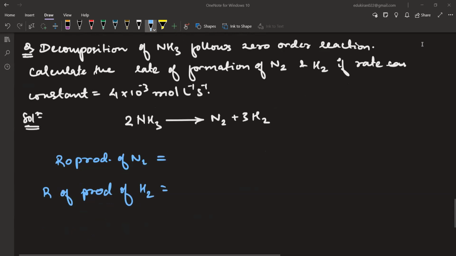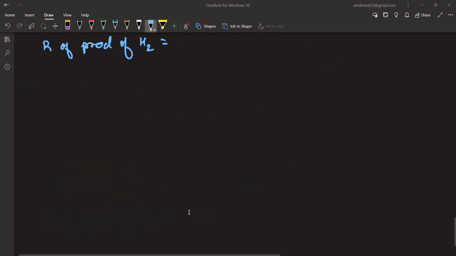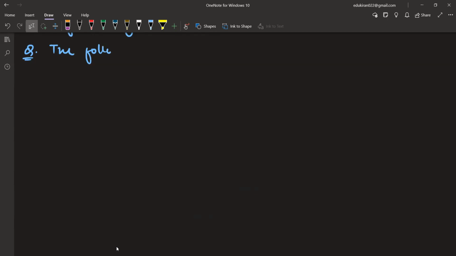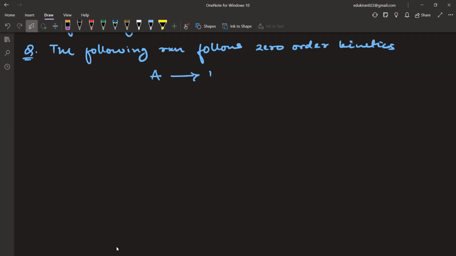Suppose we asked you, for example, let me say I gave you this question. The following reaction follows zero order kinetics. What is the reaction? A giving B plus 2C.